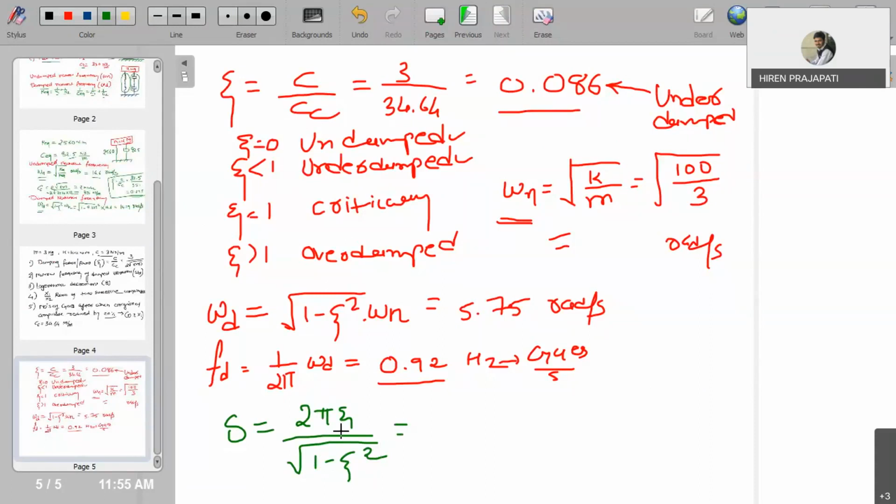Now we have zeta 0.086. Just put here the zeta value and solve this equation. That will give you delta.